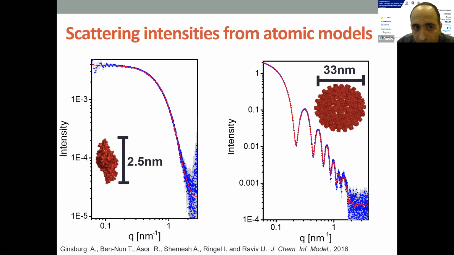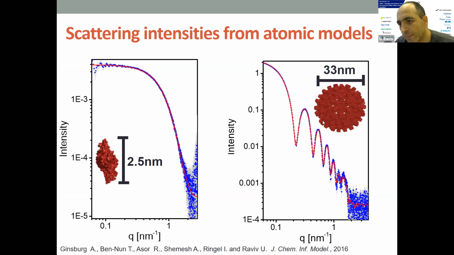And the red curve is the atomic model of the dimer taken from the Protein Data Bank, and it is the model that is expected from such a dimer in the solution, where you have all the possible orientations, and therefore you have to take it into account.